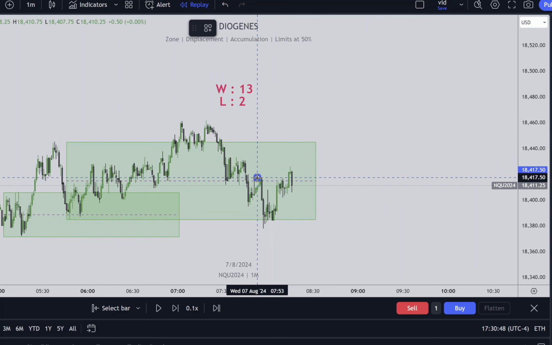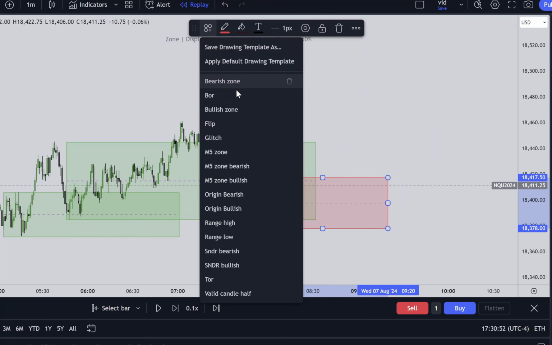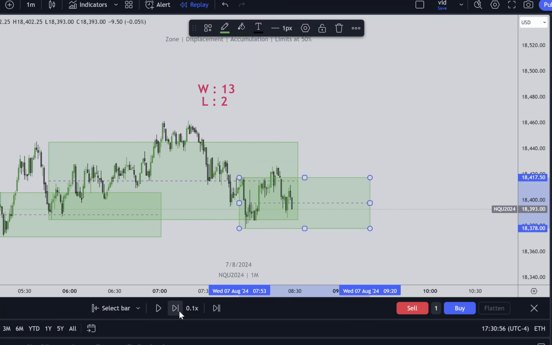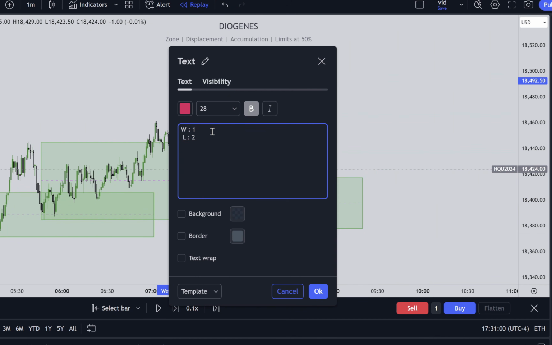So here is our change of order flow. It's happened, and 14th win.